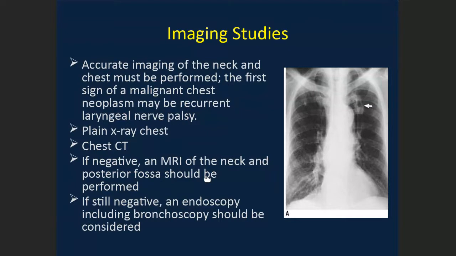If all the imaging studies are negative, then you need to do endoscopy and bronchoscopy, which should be considered to look down, to see what the causes might be, okay?